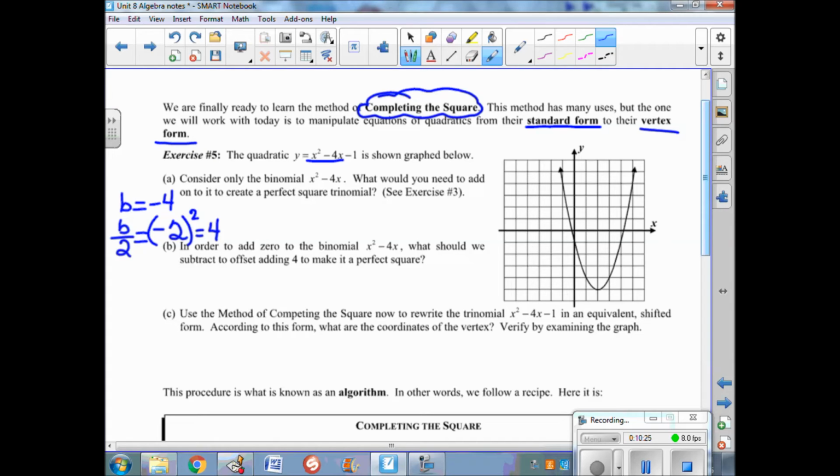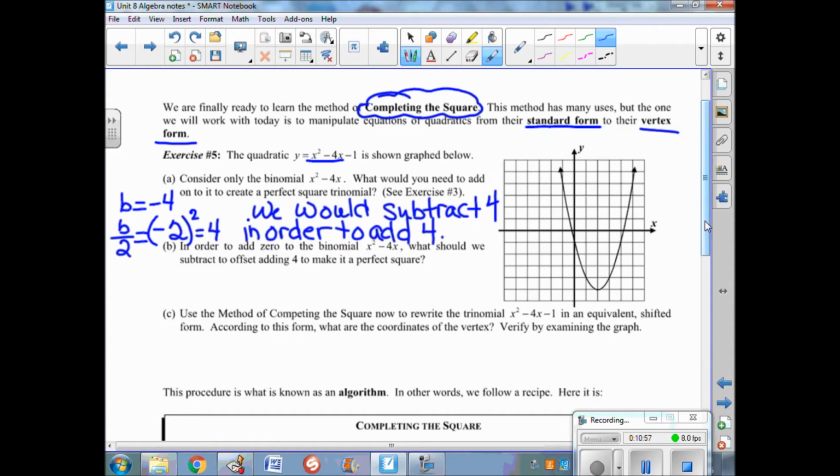So we would have to subtract 4 in order to add 4, because those would offset each other, right? So that ends up creating an equivalent equation, because if you add 4, in order to offset that and still make an equivalent equation, we're going to subtract 4.